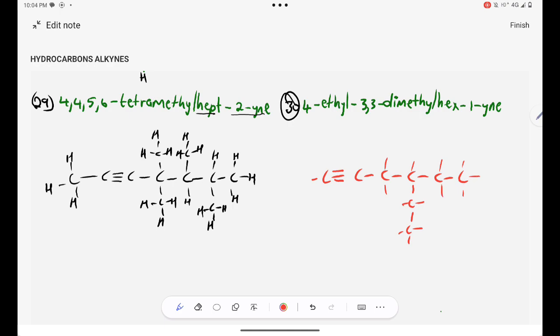And then at carbon number 3, I have my methyls like this. All I have to do is to draw the hydrogens, and this would be the structure of 4-ethyl-3,3-dimethylhex-1-yne.